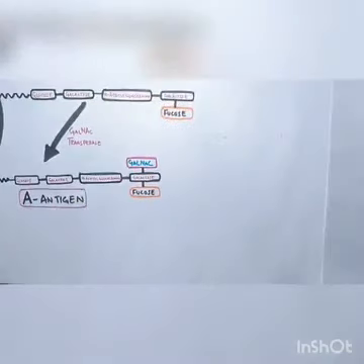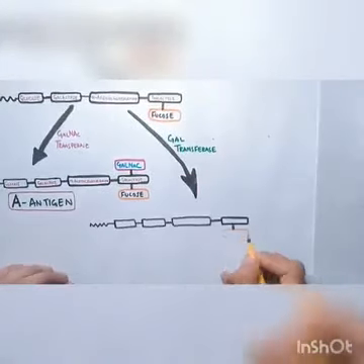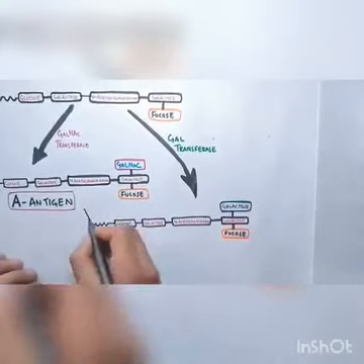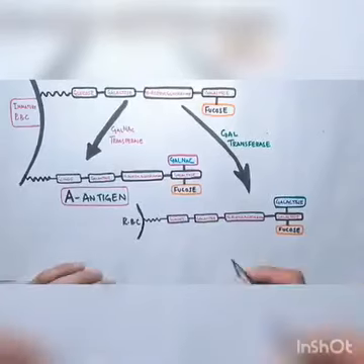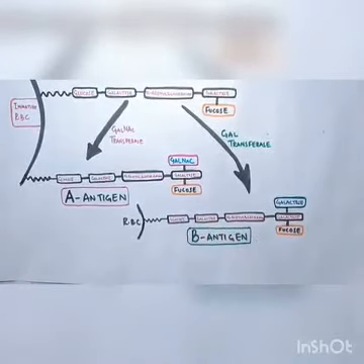In case of IO allele, no terminal transferase enzyme is produced, and therefore it is called a null allele, and hence cannot add NAG, that is N-acetyl galactosamine, or galactose, to the precursor, that is the H substance.